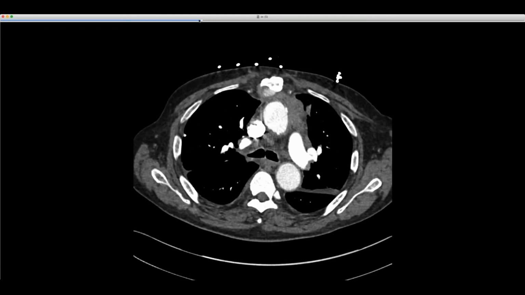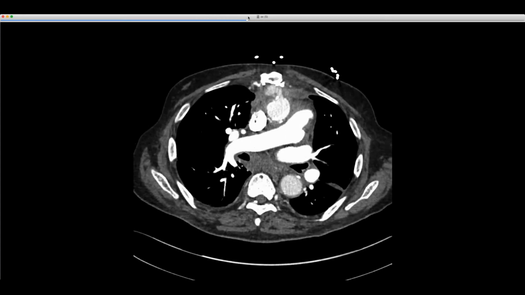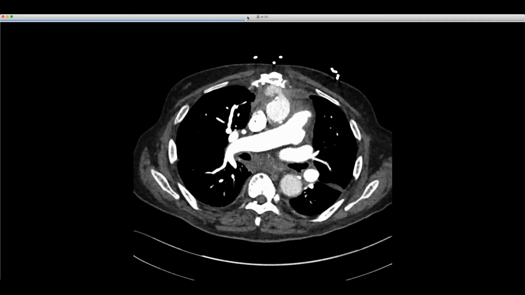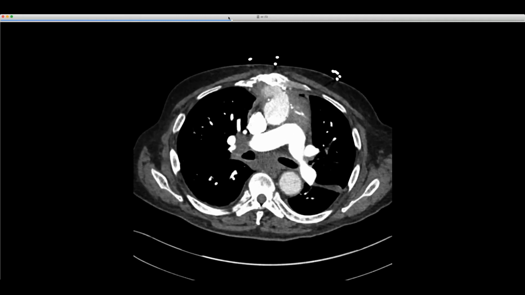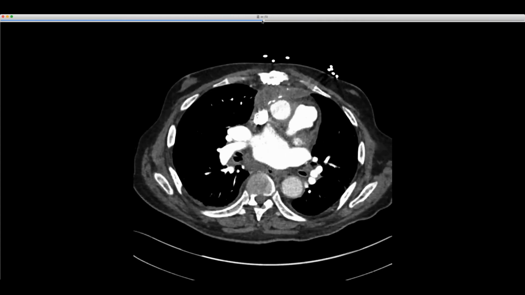Contrast is getting into this saccular pseudoaneurysm anteriorly, and you can see a collection in the vicinity of the pseudoaneurysm.